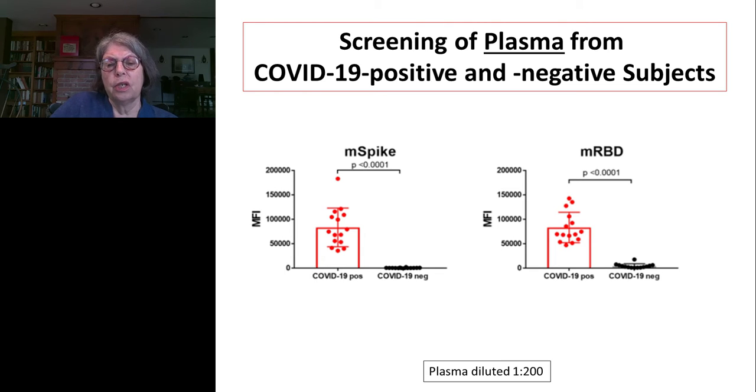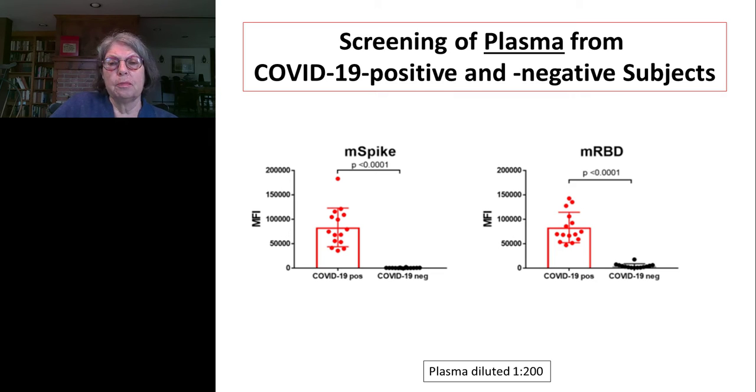These data were generated with the plasma that were diluted 1 to 200. And as you can see here in red in both graphs, the COVID-19 positive patients score strongly, and the COVID negative patients have only background reactivity.